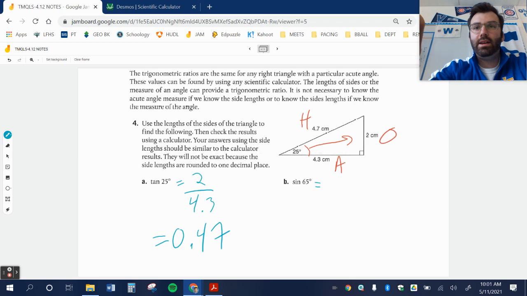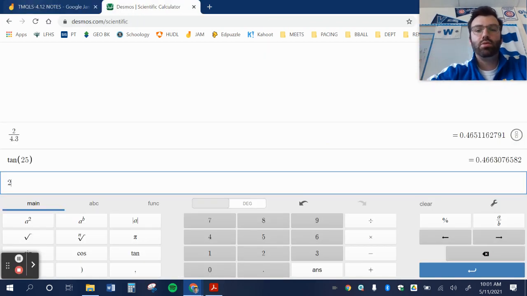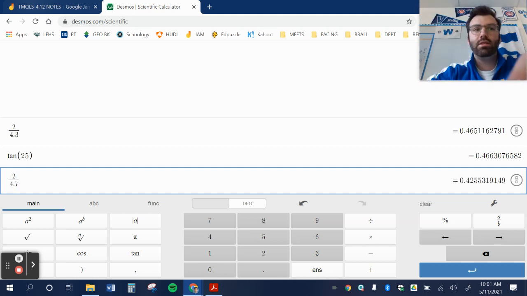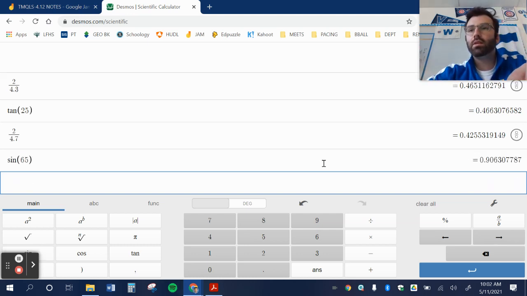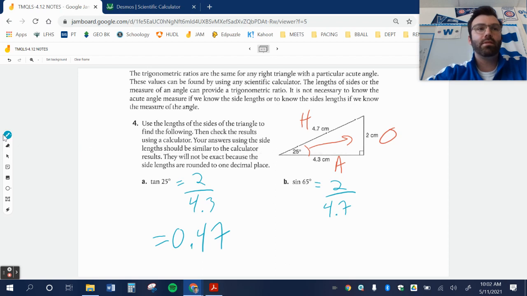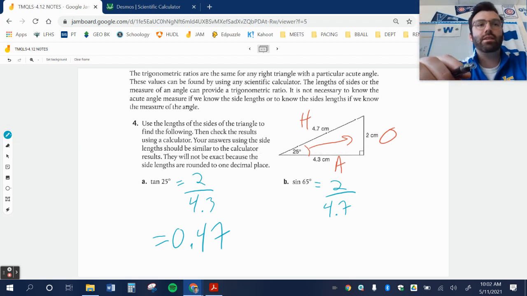Here, sine is opposite over hypotenuse, so 2 over 4.7. Try that. 2 divided by 4.7, enter. And then I'm going to do sine, what was the angle? 65. And look, they're not the same at all. I made a mistake here. I realized what I just did: I did the sine of 25, but they're asking for the sine of 65.